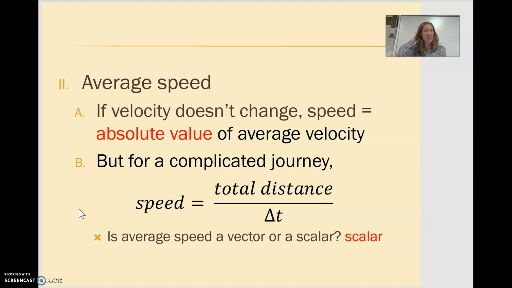It might have a velocity of 0 because it didn't end up having a displacement, but it's definitely gone a distance. It definitely has a very fast speed. So because we want to get the average speed, we will take the total distance over the total time, and calculate all the distance it's gone.